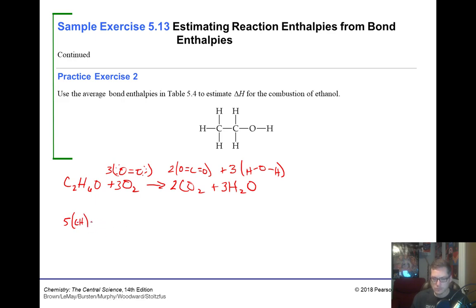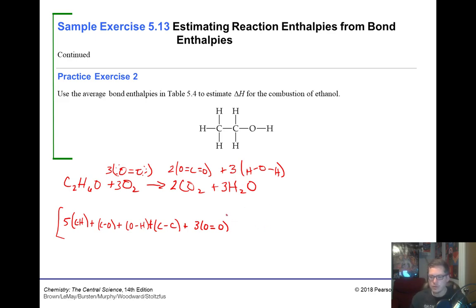Plus, these are all our bonds broken, 1 carbon-oxygen bond, plus 1 oxygen-hydrogen bond, plus 1 carbon-carbon bond. All right, did I forget any? So that's our ethanol. And then we also had 3 oxygen double bonds. Those are all the bonds that are broken.